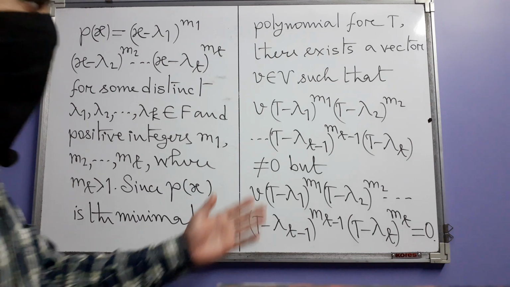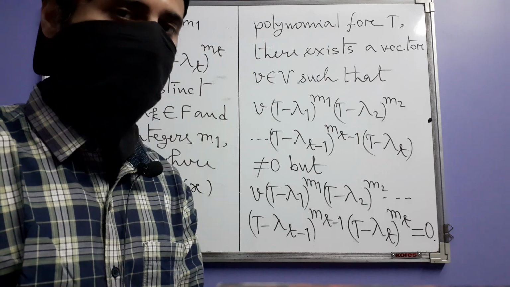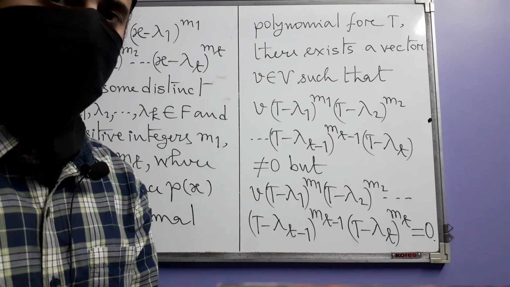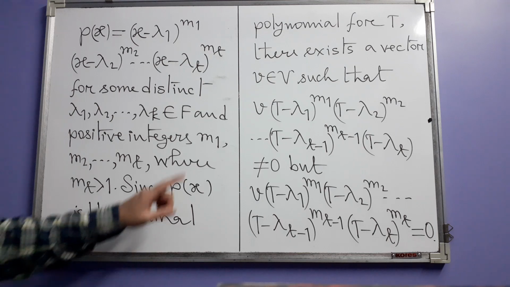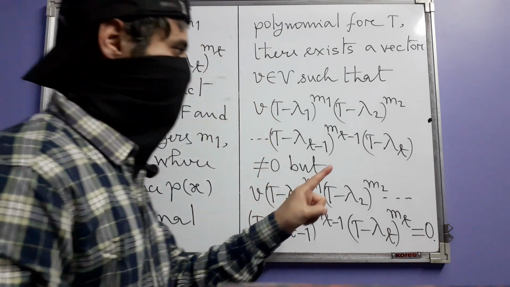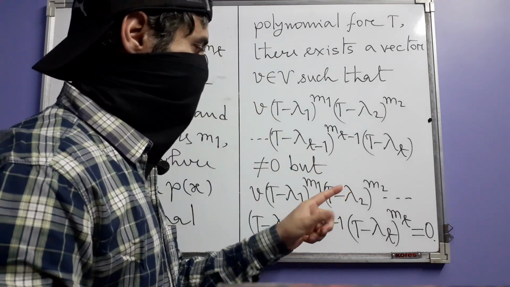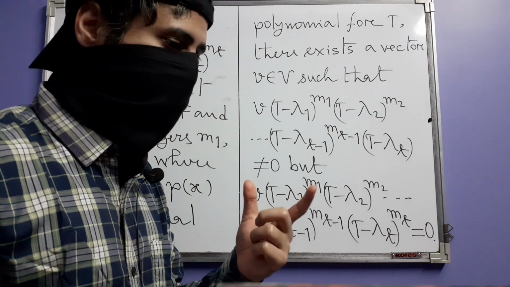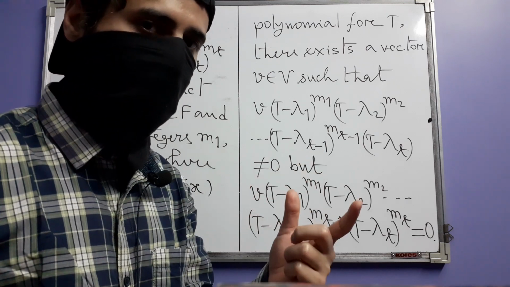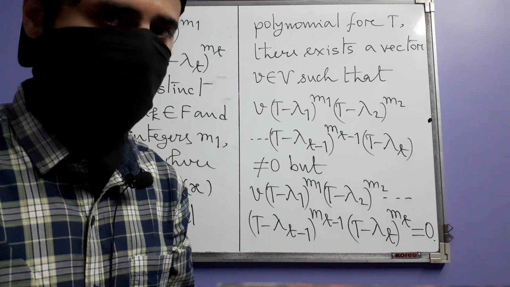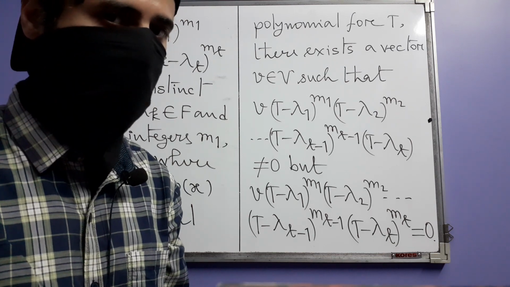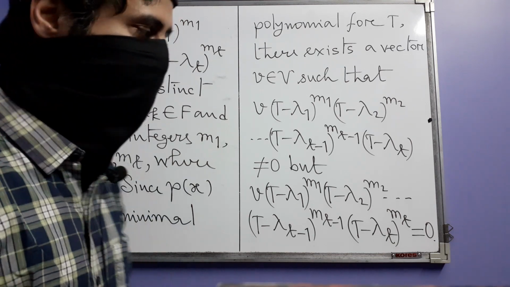Why should such a vector exist, and what is going on here? You see, because p of x is the minimal polynomial for T, if you choose any polynomial whose degree is lower than that of p of x, obviously it won't be a minimal polynomial.